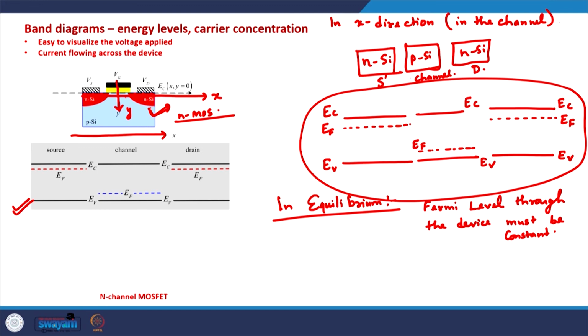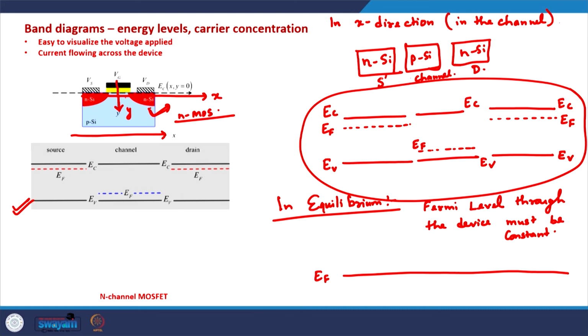So, in order to make the equilibrium band diagram, we need to draw a single Fermi level, let us say. This is how, let us say this is the Fermi level.